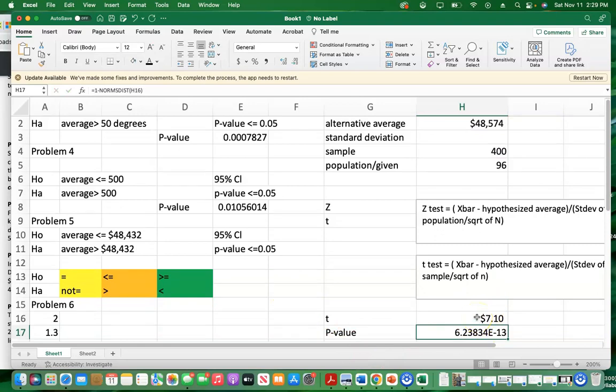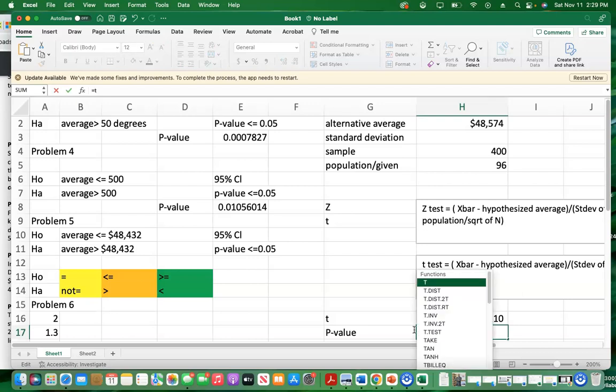7.1. And we need to change this probability value because for the t-test, you have to use the following function. If you have the t-value, to get the p-value, please use the following function. You can put an equal sign and type T.DIST.